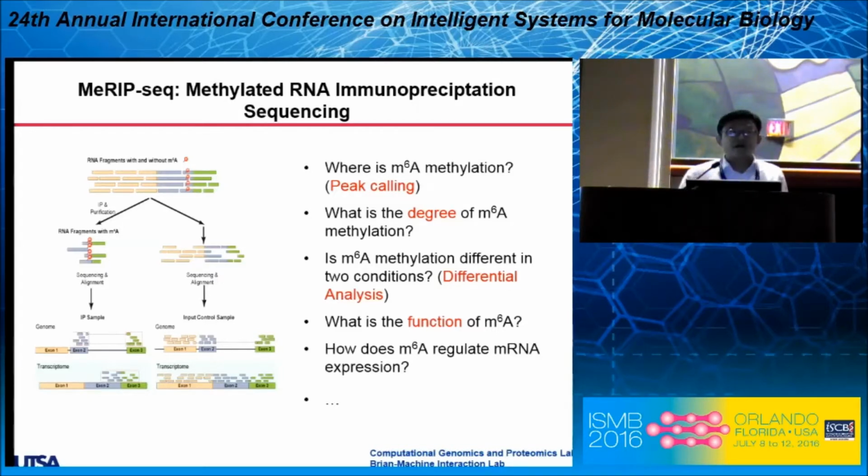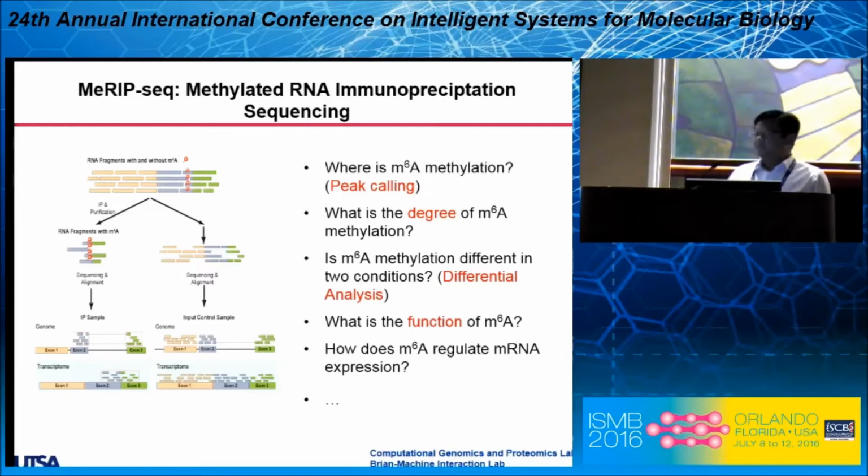First, it starts with the fragmentation of RNA into about 100 base pairs, and then one portion of the sample is subject to anti-m6A immunoprecipitation. After the immunoprecipitation, the pulled-down sequences are subject to sequencing. The other portion of the original sample is sent directly to sequencing as the so-called background. This part is called the IP sample, and the background is called the input sample.